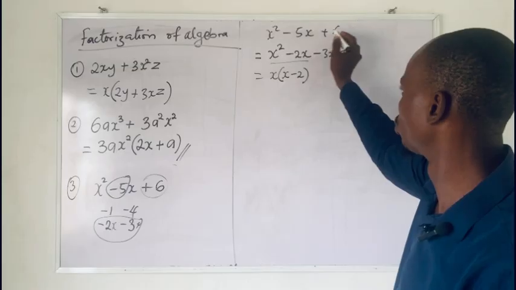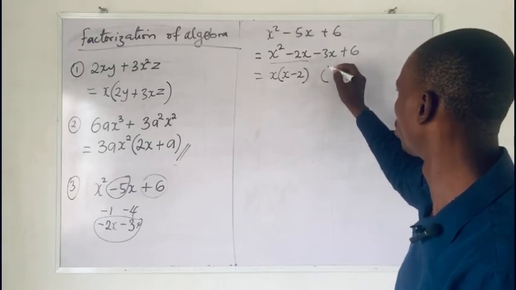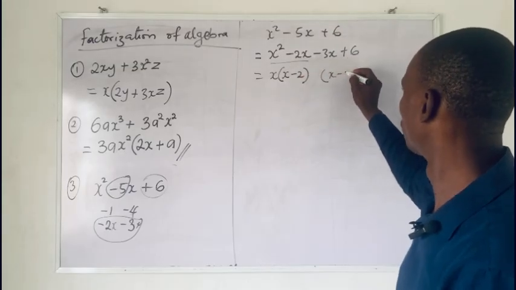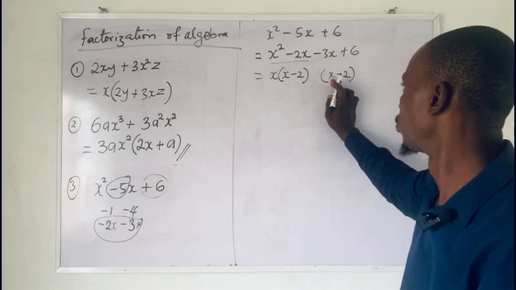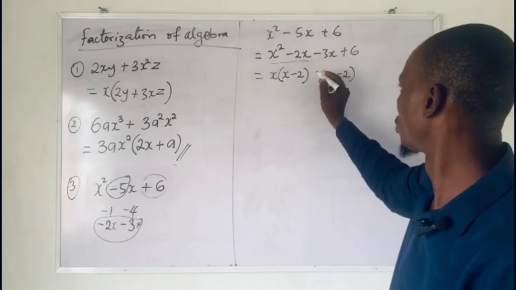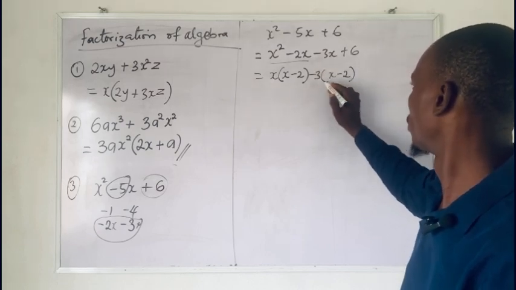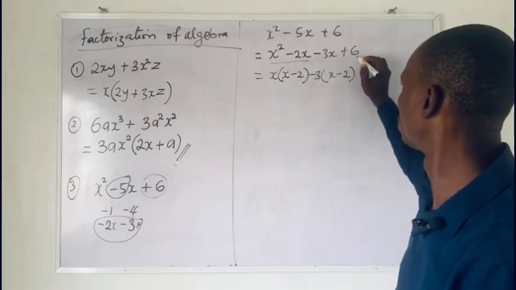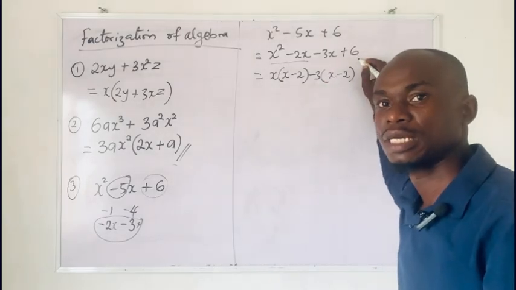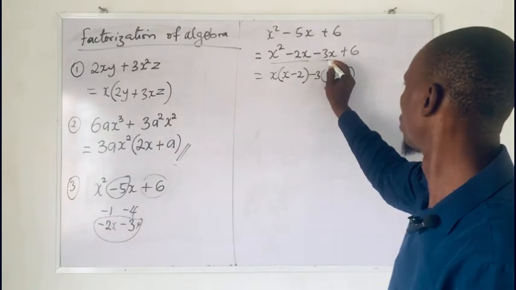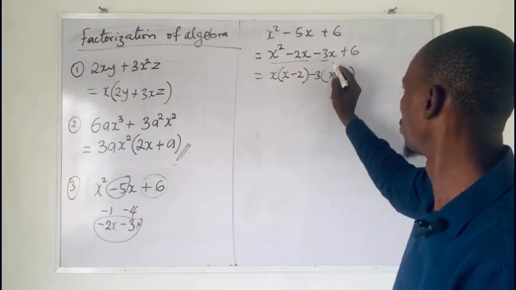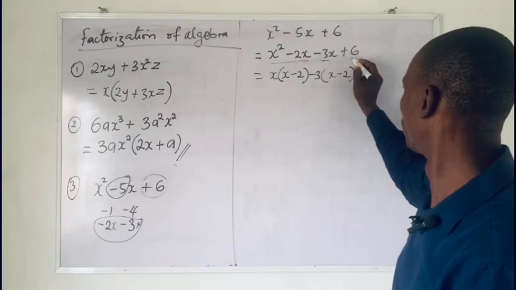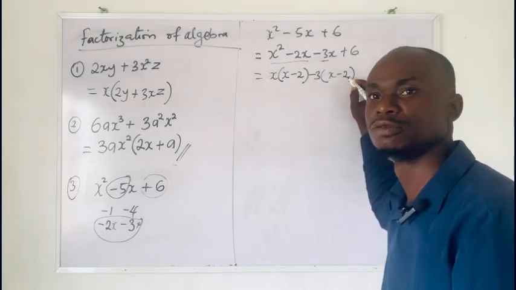In factorization of a quadratic expression, the next bracket will always be the same as the first, x minus 2. So what number can multiply this to give you minus 3x? Minus 3 times x is minus 3x. Minus 3 times minus 2 is 6. Another thing you can look at is that minus 3 is common. When you bring out minus 3, it will remain x, and it will remain minus 2.